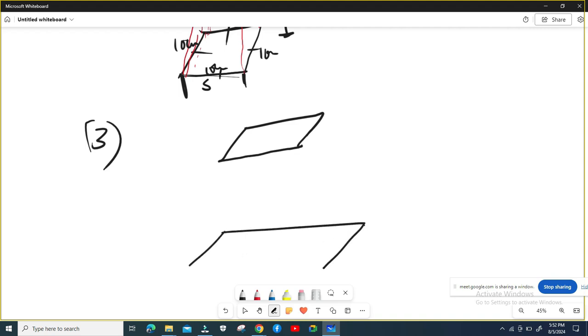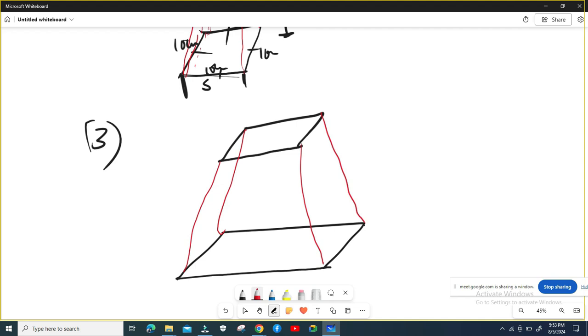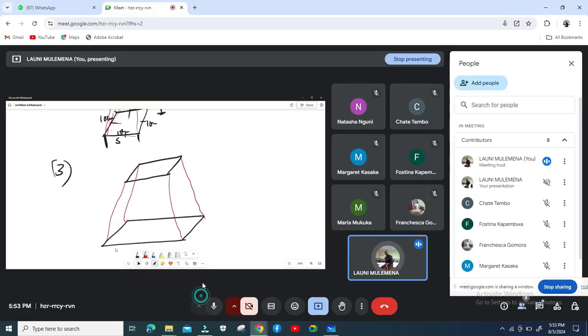Just do this, then connect this, connect that. So this is just a sketch. Even in the question, guys, they will tell you that this is the rectangular pyramid. You don't even need to guess. They will tell you. As simple as that.